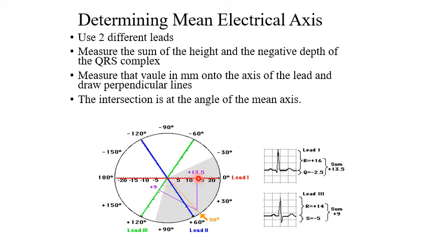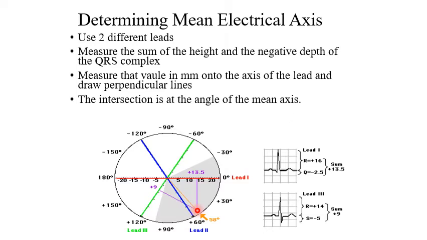After that, we draw a perpendicular line going down from the point we marked on lead 1, and then a perpendicular line from the positive 9 point downward until they intersect. Here is the point of intersection between the two perpendicular lines.